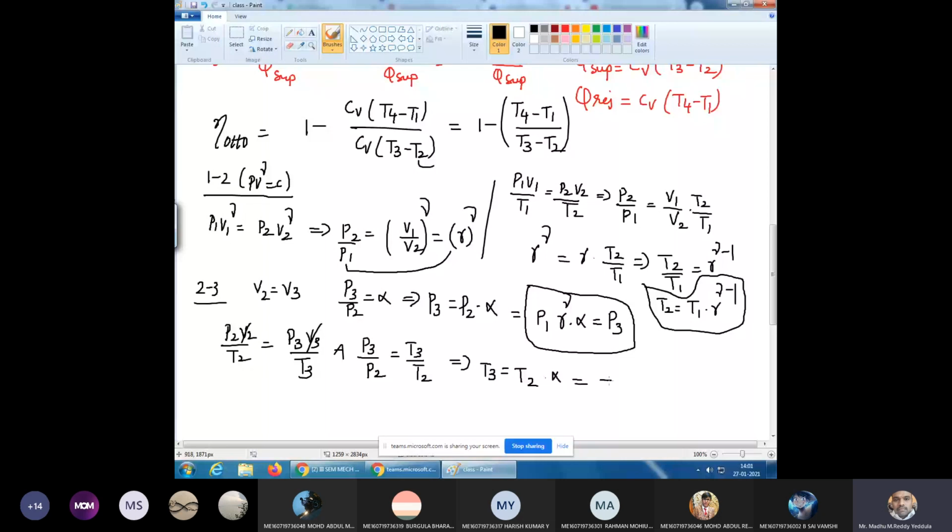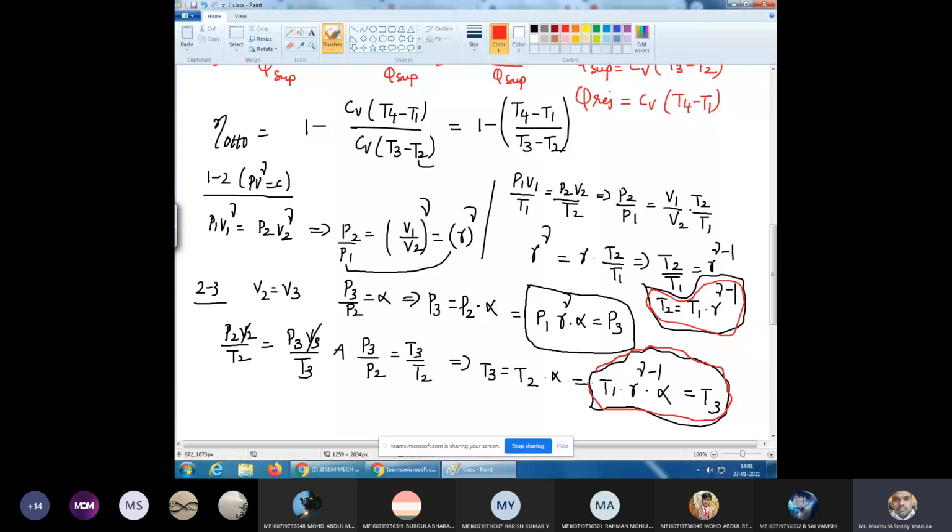So I got T3 also in terms of T1. Now I want T4 in terms of T1. Is it clear so far? So far I got T2 and T3 in terms of T1. You have to practice compulsorily. You may get either a derivation or a problem for 10 marks.